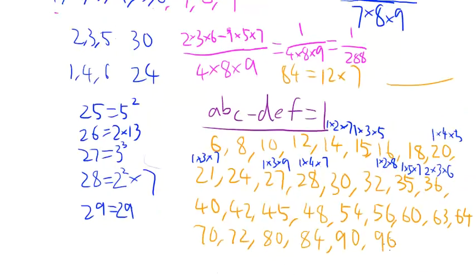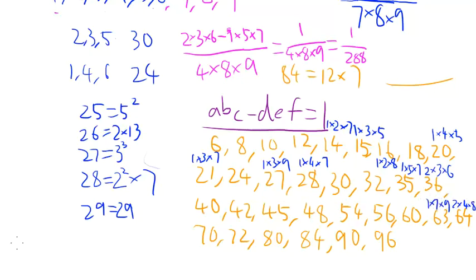Like, can we get smaller with the 63 and 64? 64 is 2 times 4 times 8. This is 1 times 7 times 9.